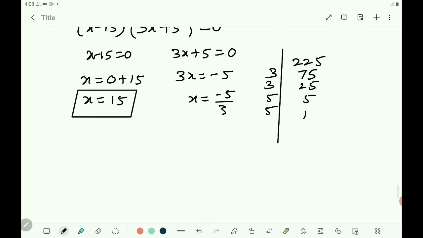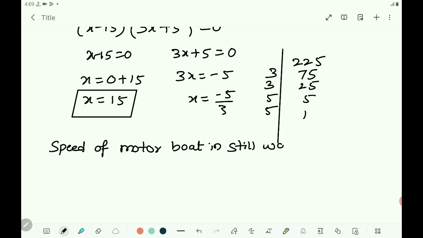So, the speed of motor boat in still water is 15 km. When you write, speed of motor boat in still water equals x equals 15 km per hour.